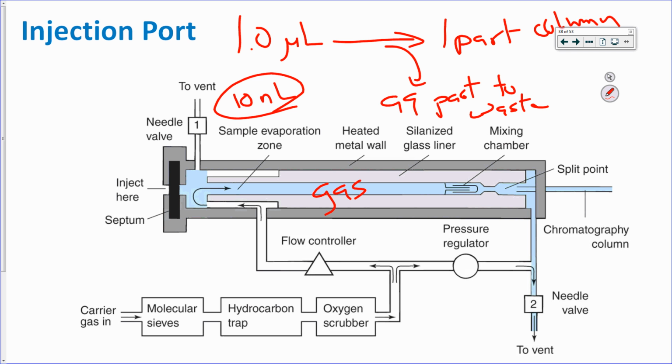And then we have a set of splitter control valves where it's easier for the gas to pass this way, and 99 parts of it go this way, and only 1 part goes onto the column. It's called a split injection. All right? And this thing that's in here is called a liner. It's there to, if you have salts or non-volatiles, it'll actually plate out in here, and this is a disposable component that you have.